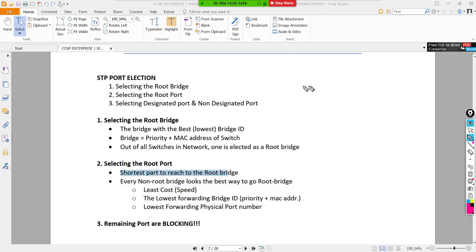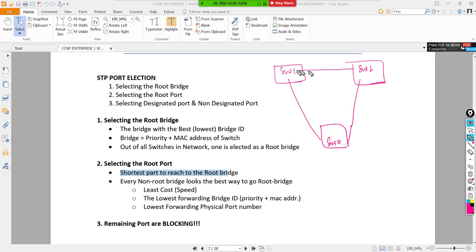So how is the question asked during interview? Your interviewer can ask you to draw one topology with 3 switches in a triangular way and explain the STP process. Now you have to assume what is the MAC address of these, what is the priority of this, how elections happen, and finally which is going to be in the blocking, and all other things like root bridge and root port.